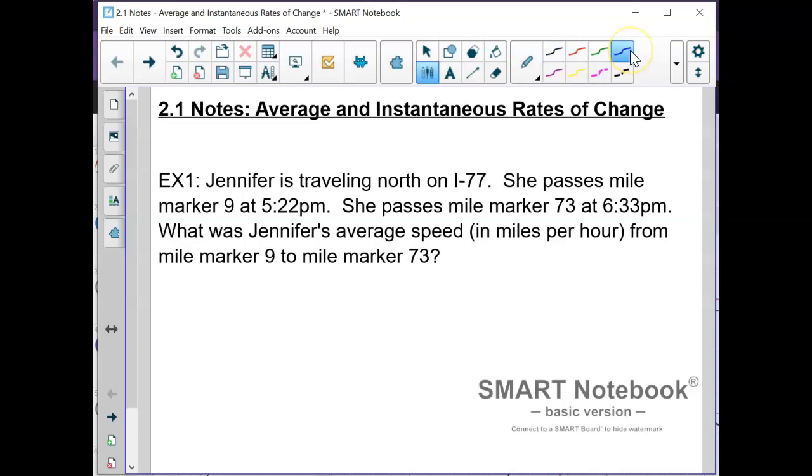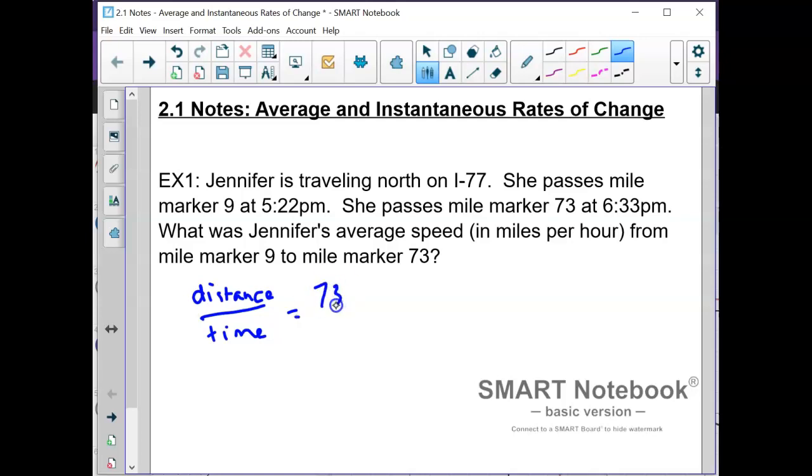So if we're looking at this problem, we know that the average speed is distance over time. So we need to find her distance. To find her distance, we know she goes from 9 to 73.